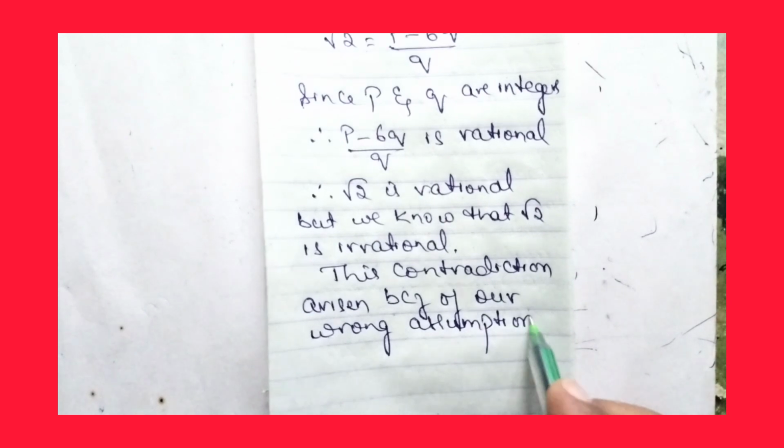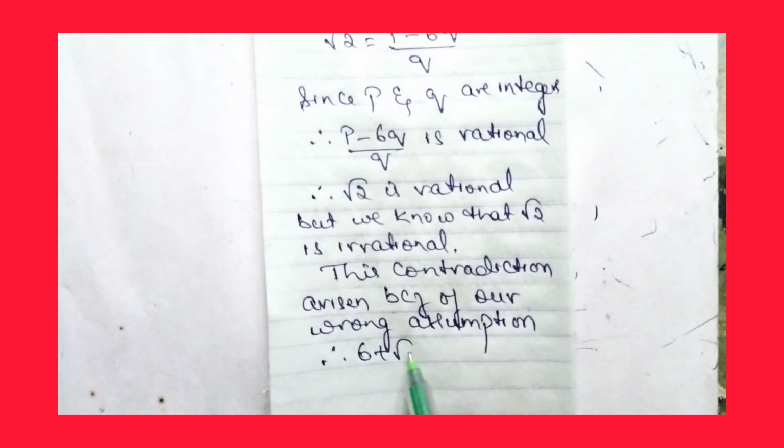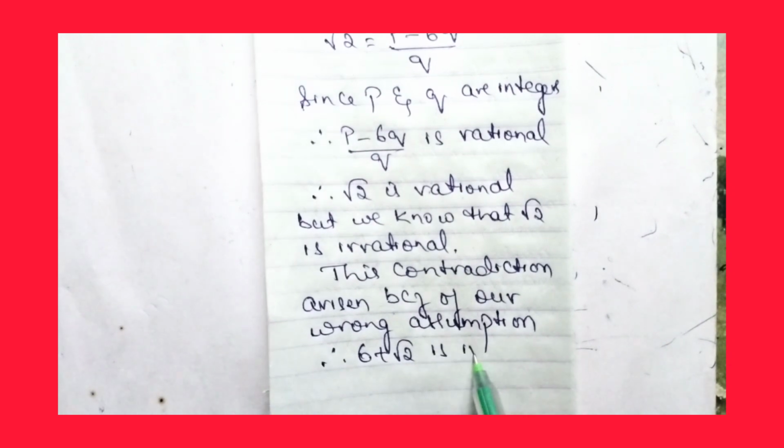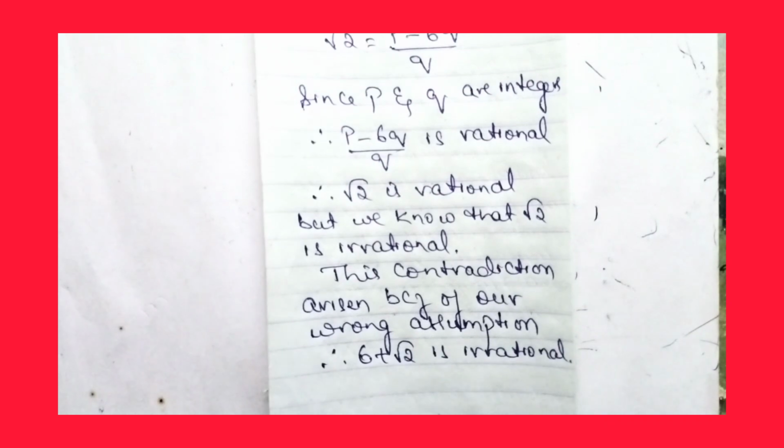Therefore 6 plus root 2 is irrational. So like this we have to prove this question. Now let us move to next question number 6.